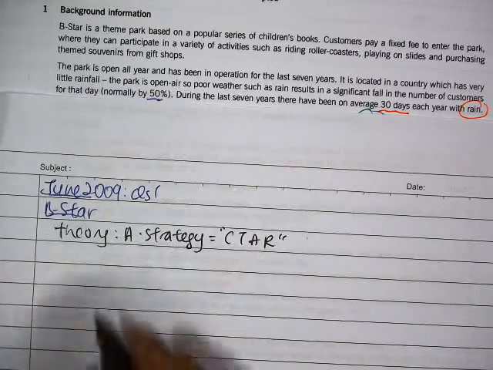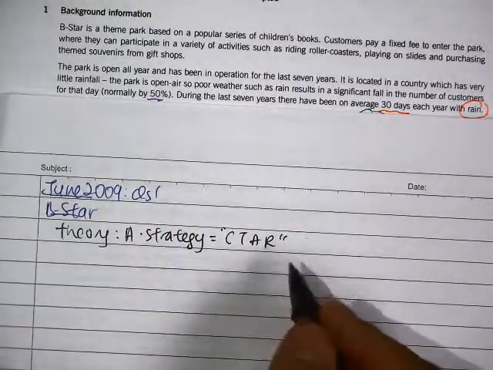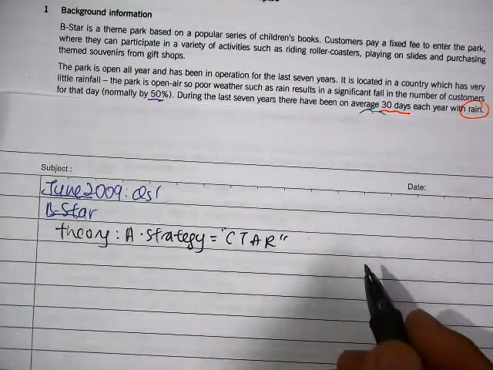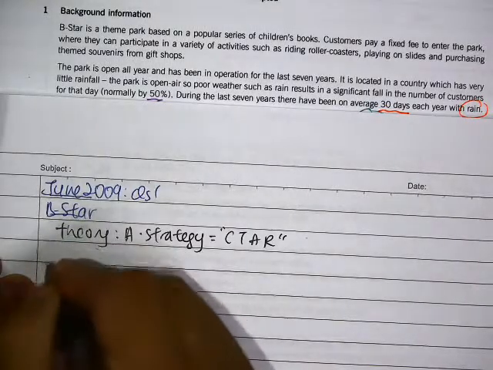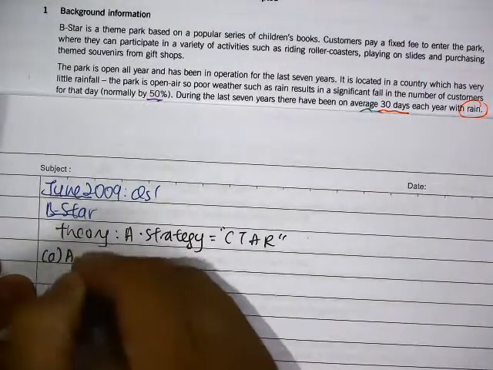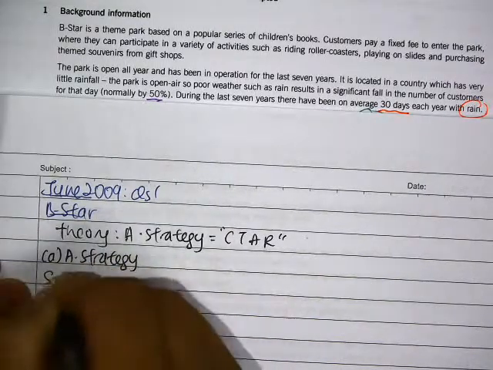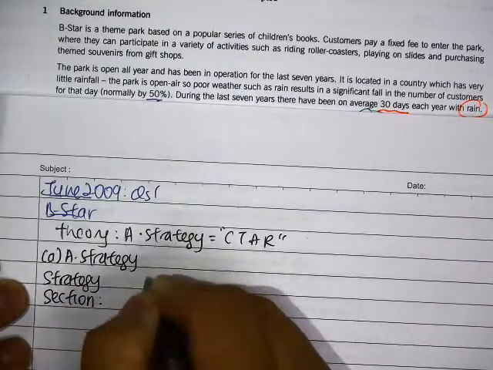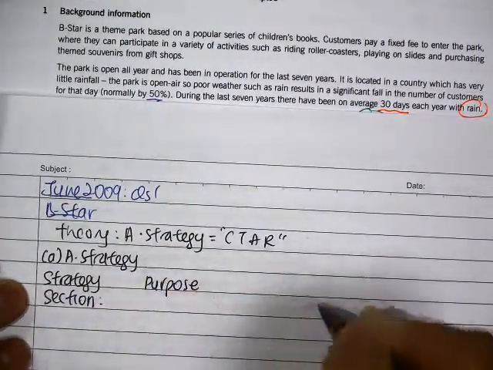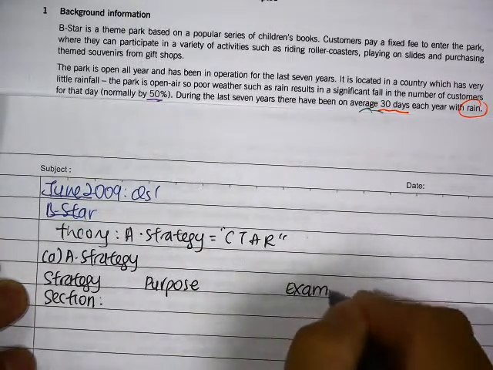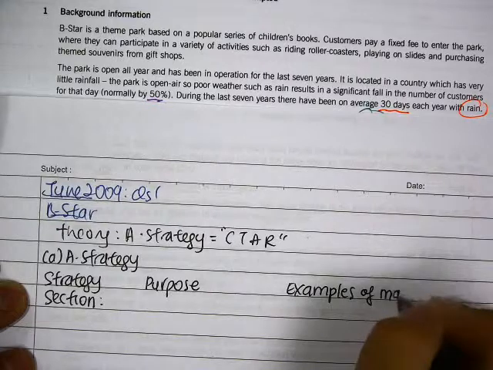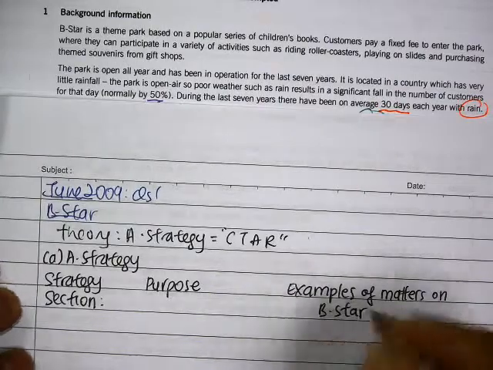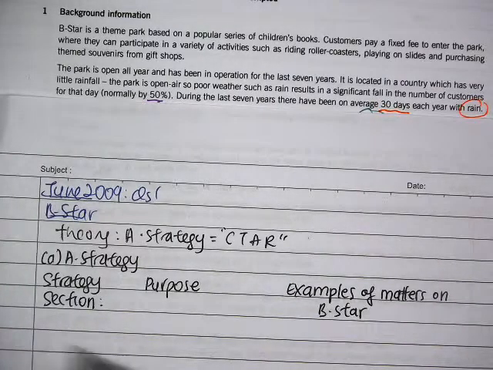You're terrible. Okay, so these are the theory. When you study this, we're going to use what we learn and apply it back into the exam question. Follow? Okay, so my answer will first be: the strategy sections, the purpose, and examples of matters on B Star.